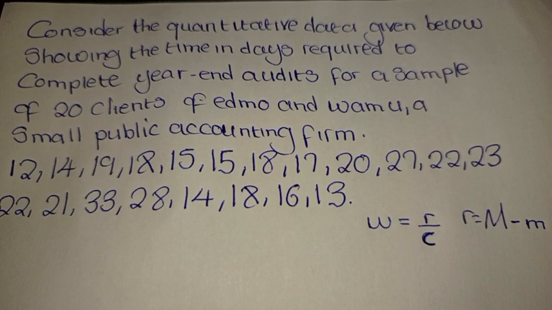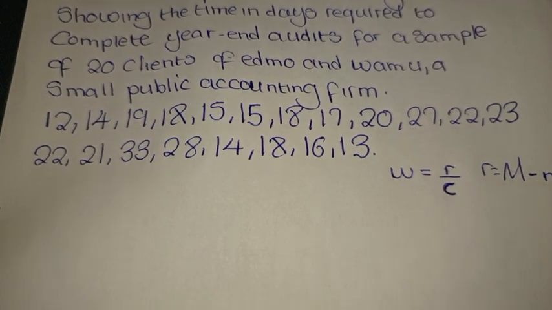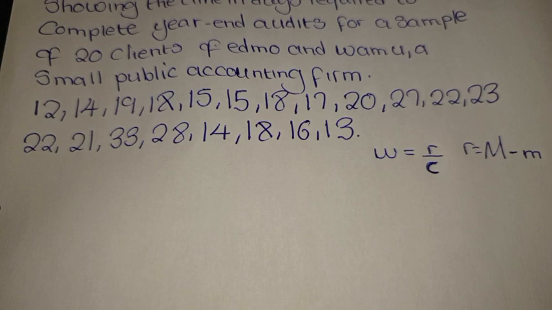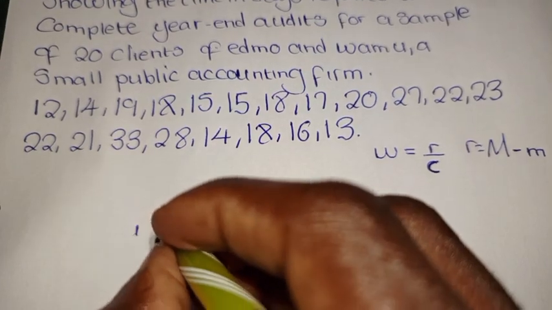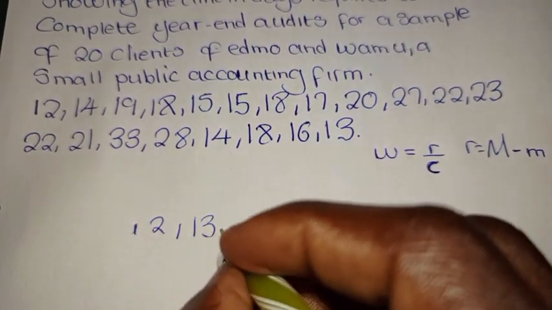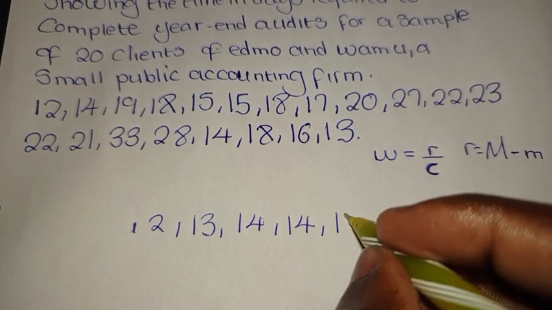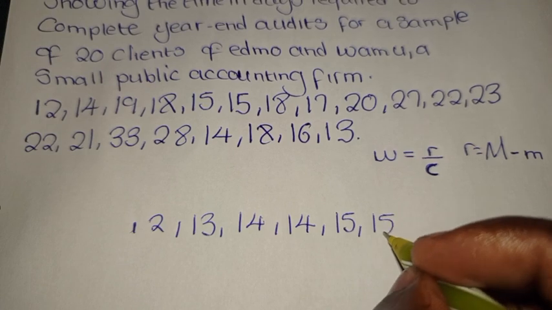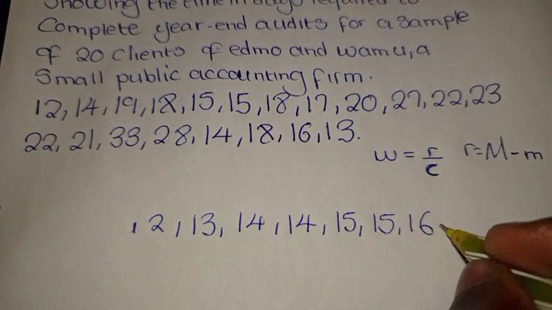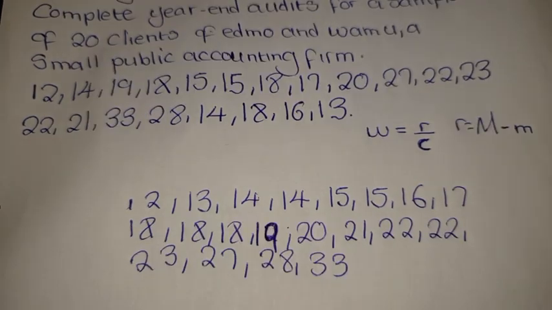So let us rearrange this data in order: 12, 13, 14, 14, 15, 15, 16, 17. This is the arrangement of the data that we have been given.